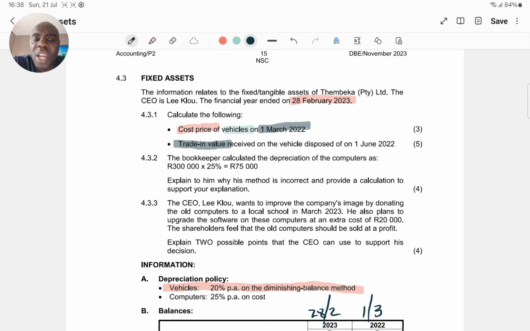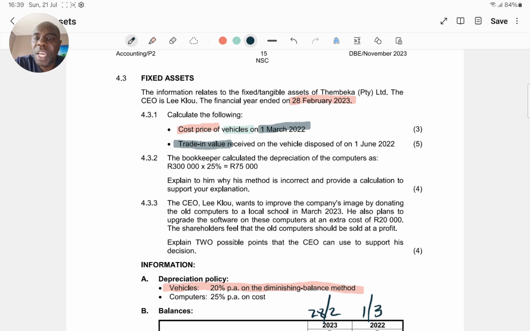The bookkeeper calculated the depreciation of the computers as 300,000 times 25% is equal to 75,000. Explain to him why his method is incorrect and provide a calculation to support your explanation. Look into this question. The question is two-pronged.